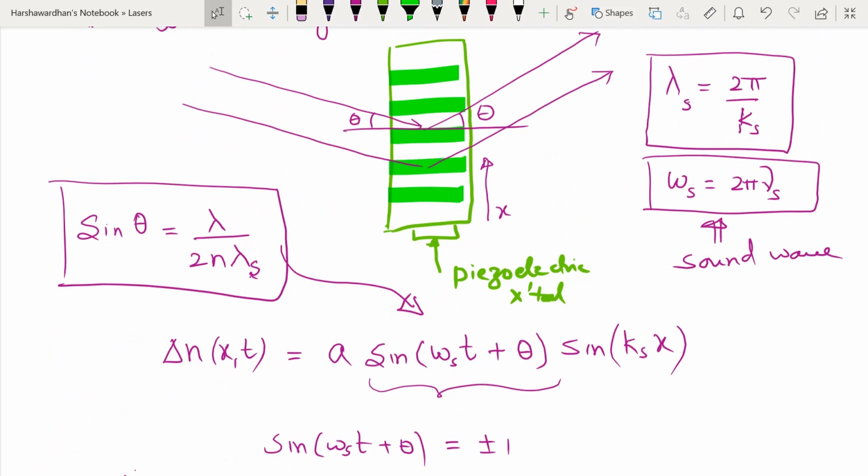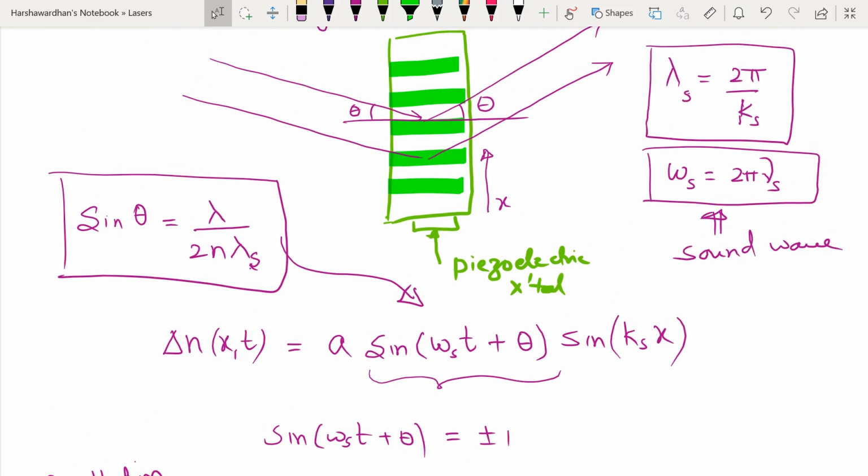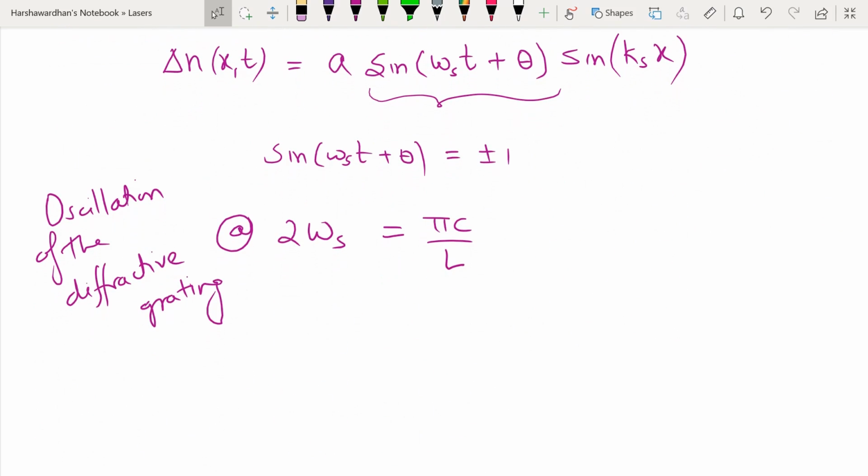Imagine such a medium is kept within the lasing cavity. This will create essentially loss because it will diffract the beam away from the normal path at this frequency, and thereby implement something akin to amplitude modulation of the electromagnetic field within the cavity, right?